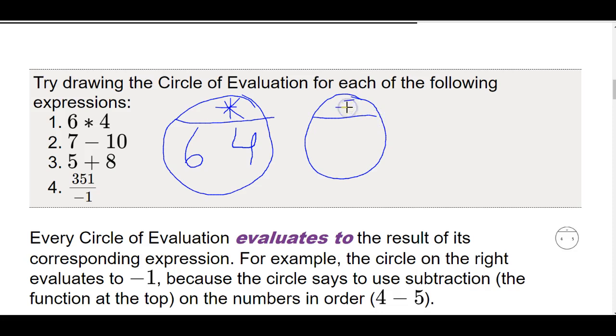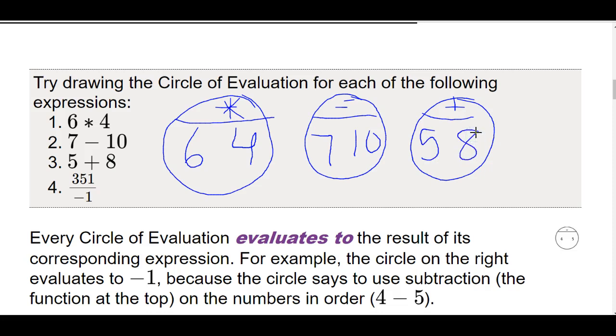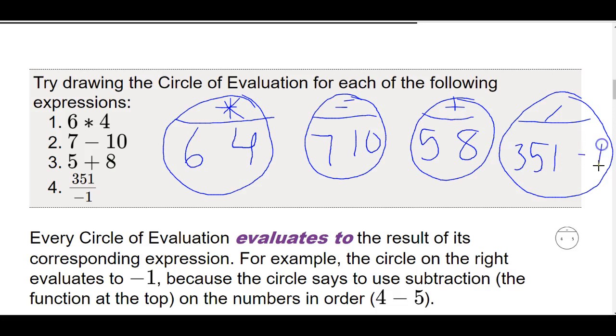There it is. 7 minus 10. We have another one over here for 5 plus 8. So the operation is plus, 5 over here, 8 over there. And then the last one is divide. So we have 351 over here, and we have -1 over there. So 351 is being divided by -1. Did you get all those right? Okay, I hope so.